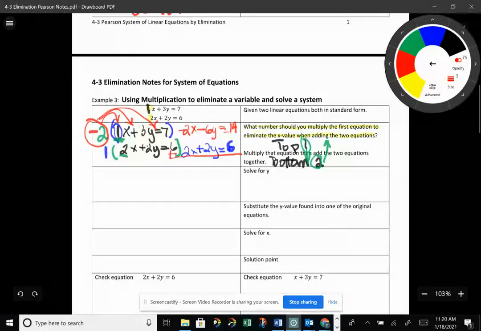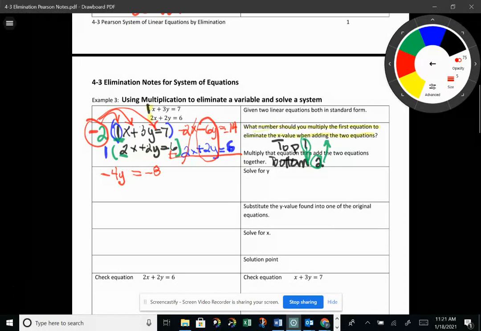I'm going to add my two equations. So -2x plus 2x becomes eliminated. And I've got -6y plus 2y, which is -4y. And then I have -14 plus 6, which ends up being -8.